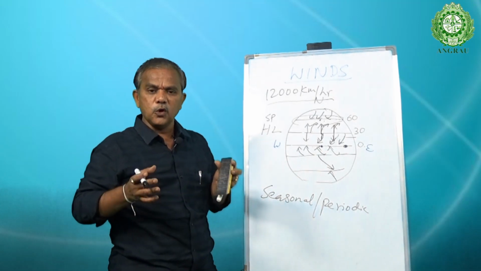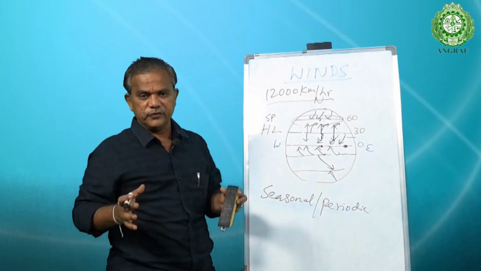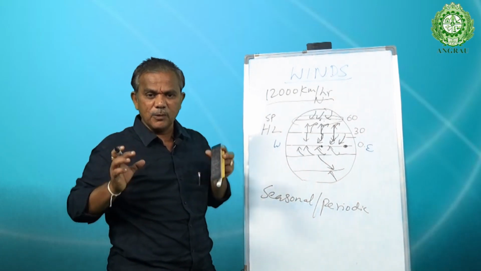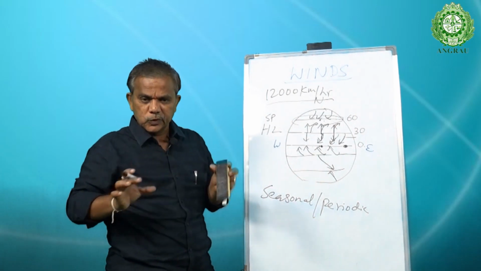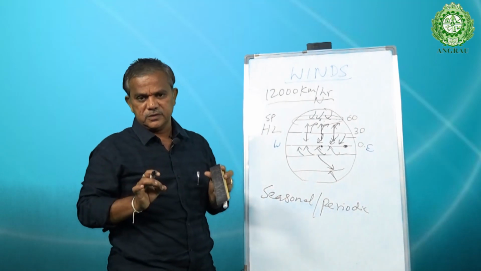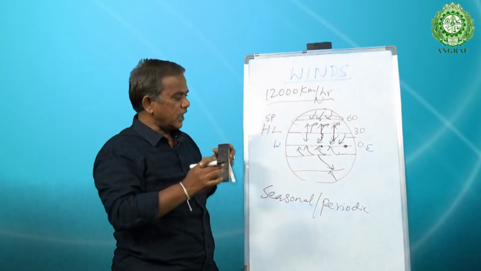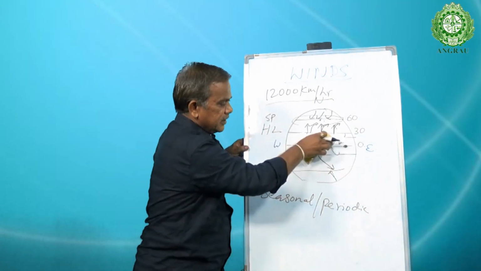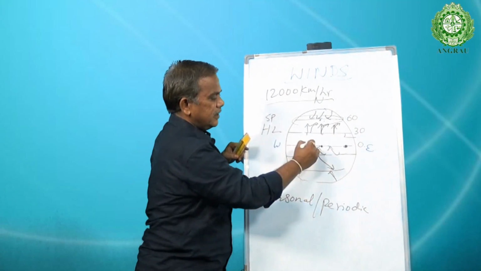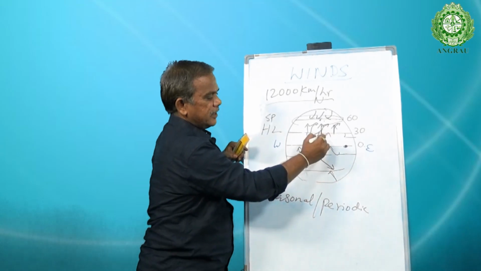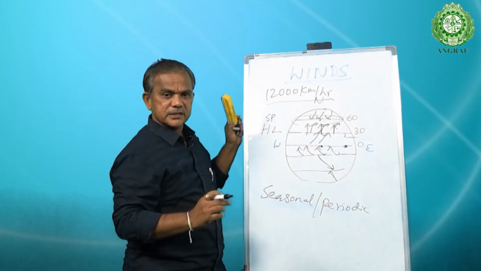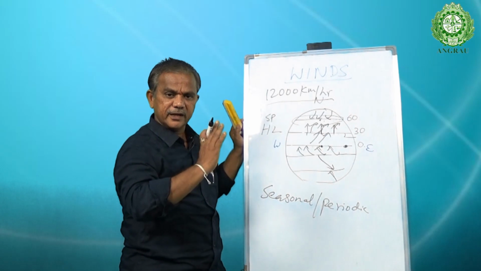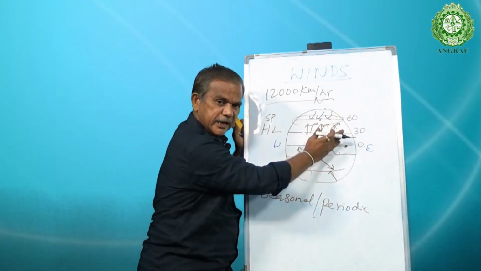So, a low pressure is created after March 21st, and the maximum amount of low pressure gets created by June 21st. So, winds start moving from the southern hemisphere to the landmass.